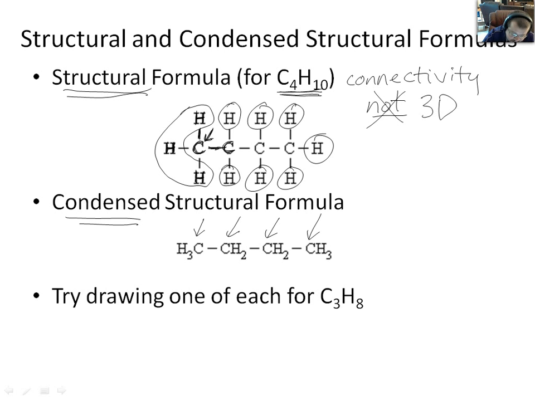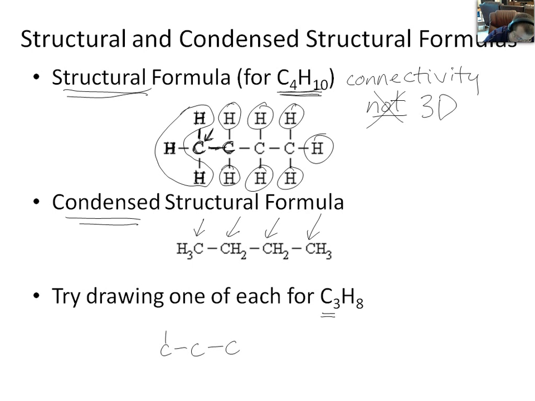So let's try drawing one of these for C3H8. Well, the molecule at the top had 4 carbons in a row. We would call that butane. If we have C3, that's going to be propane, and we're going to draw all of our carbons in a row. And think back to how many bonds each carbon needs.